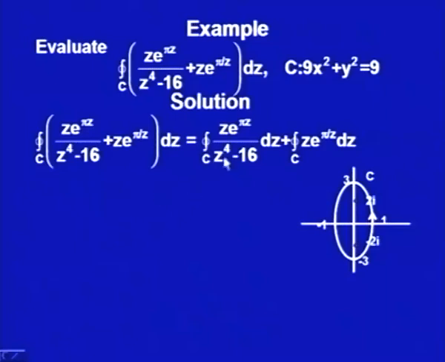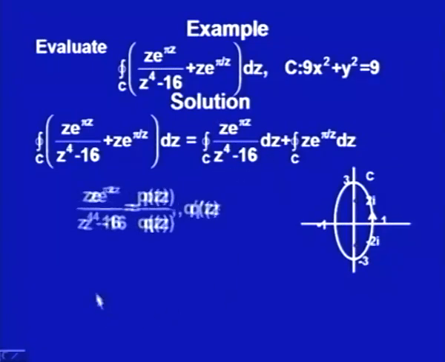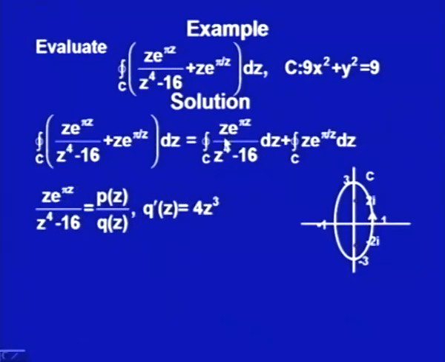Now, let us take the first one, z times e to the power pi z upon z to the power 4 minus 16. This is of the form of p z upon q z.